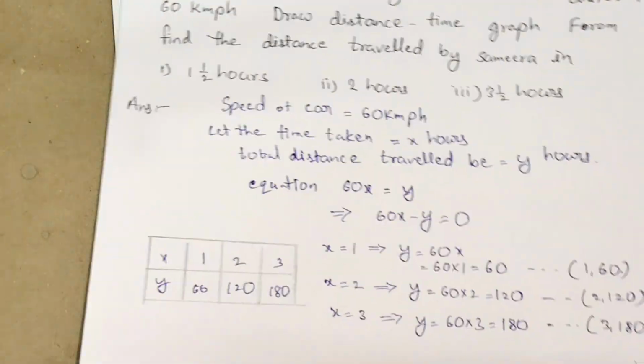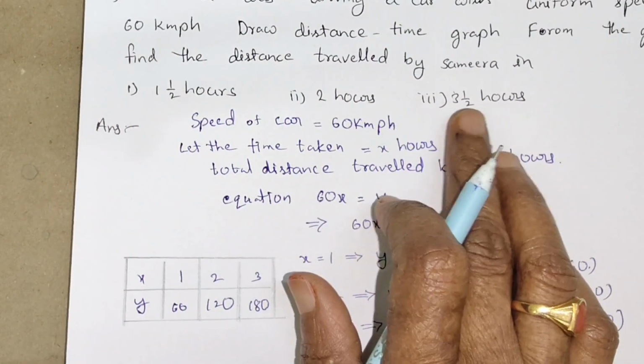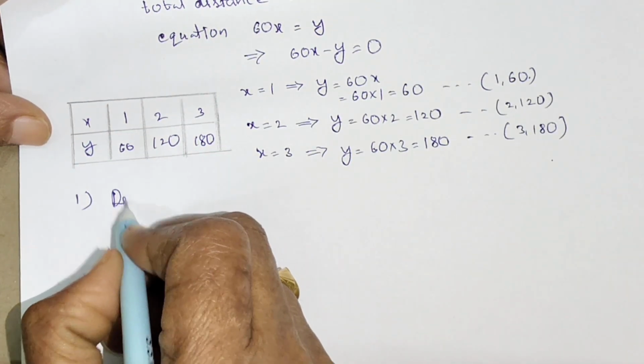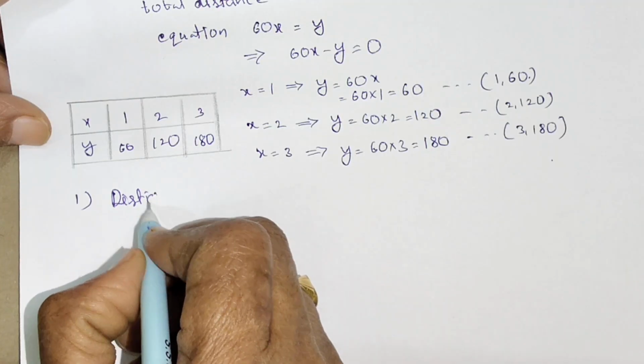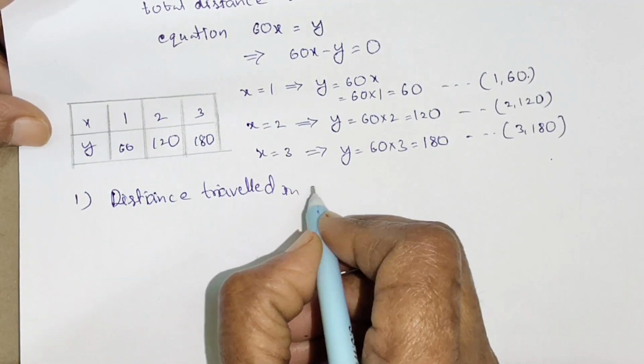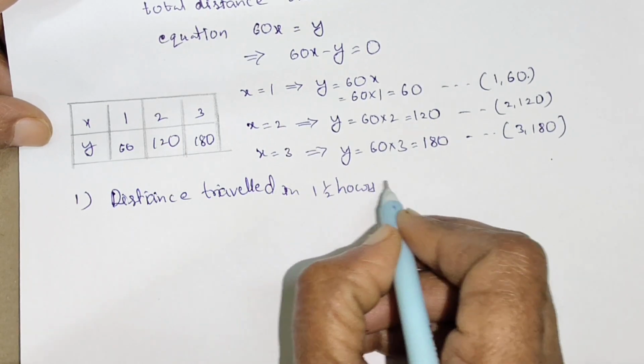Here they are asking 3 questions: 1.5 hours, 2 hours, 3.5 hours. So we write those answers. First, the distance traveled in 1.5 hours.